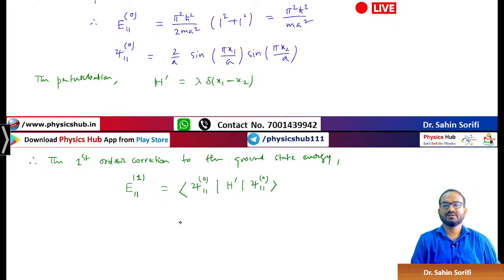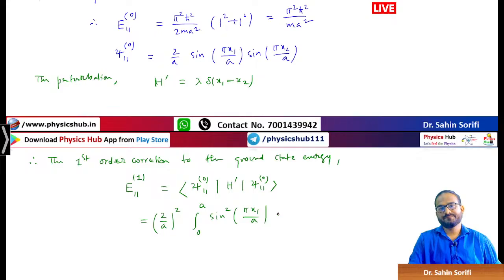Now it's the time. ψ_{11}^{(0)} is a real wave function. So we can write 2/a, this will appear twice, with integration limits 0 to a, so the square of this: sin² (π x1/a) sin² (π x2/a). H prime is this, λ δ(x1 − x2).